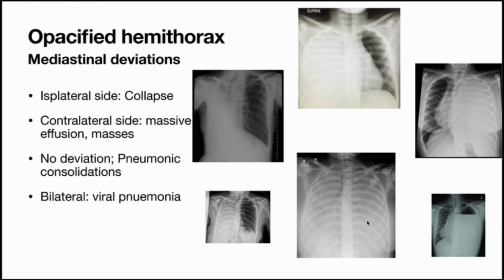And of course here we can see that both hemithoraces are opaque, more opaque in the lower zones, and there's no significant mediastinal shift. So if it is bilateral, most of the time it is caused by viral pneumonias.